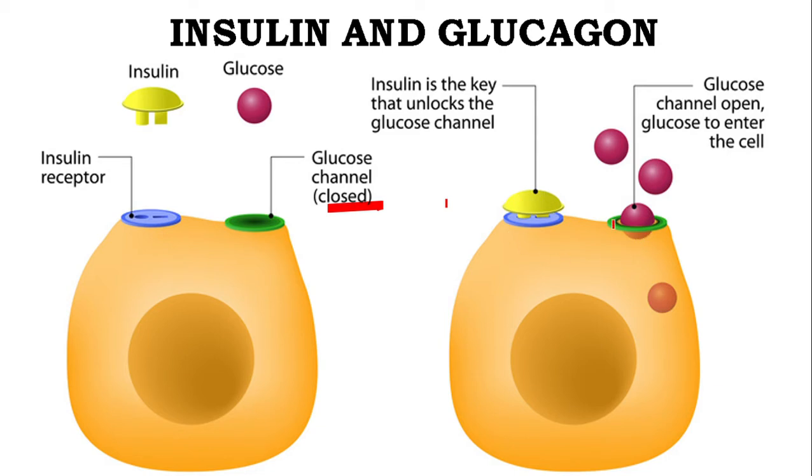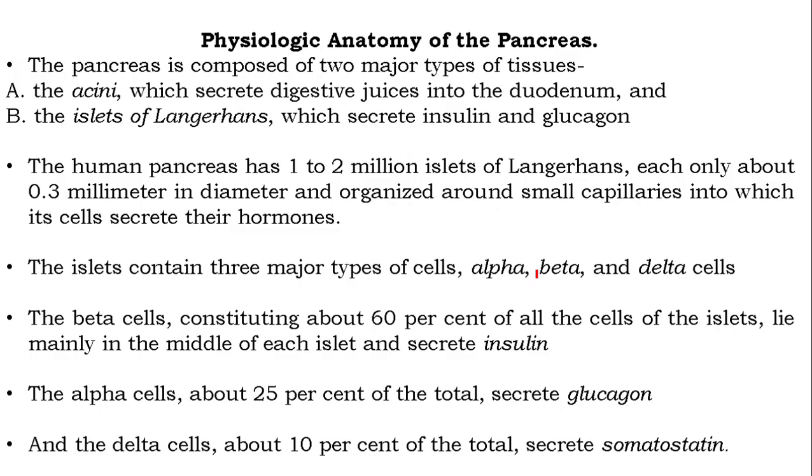Now the glucose channel is opened so that the glucose molecules can enter the cells. So, by this diagram, we mean to say that binding of the insulin with the receptor leads to uptake of glucose by the cells. Okay.